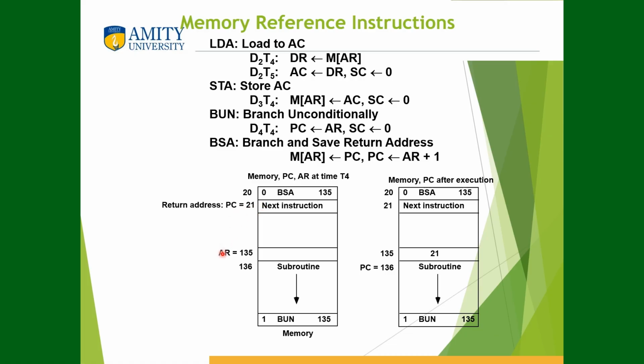This is before execution at T4, and then after execution this is the state. So program counter 21 is stored in memory address of AR. AR is 135, so at 135 the program counter is stored after execution. We also see that the program counter is AR plus 1. We had AR as 135, so our program counter has been set to 136, which is AR plus 1, which is now pointing to the next instruction execution.